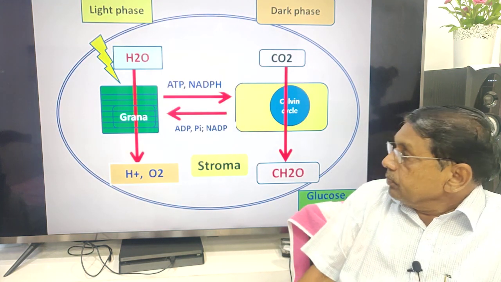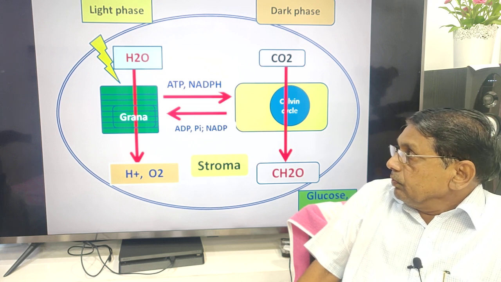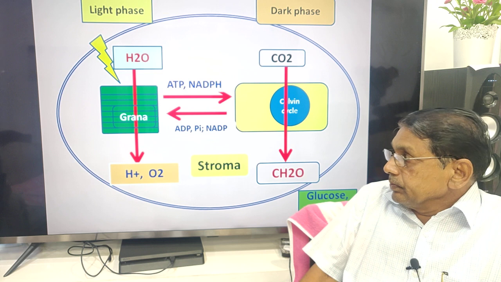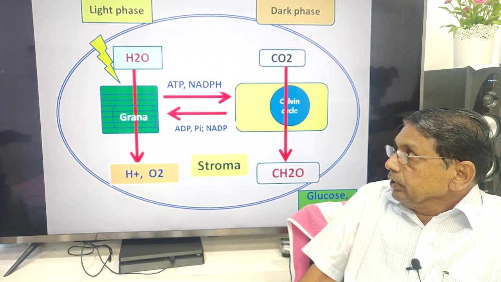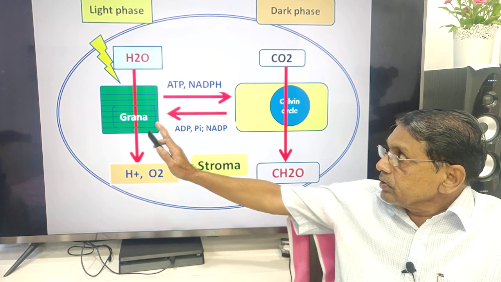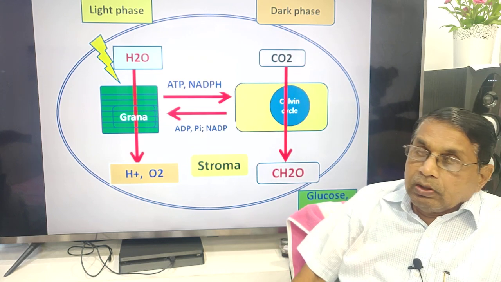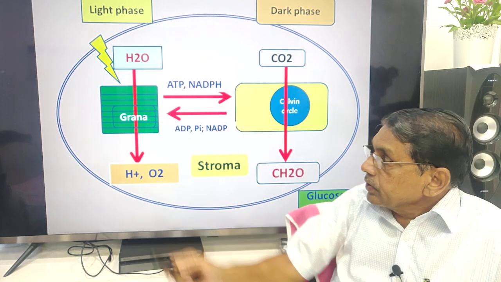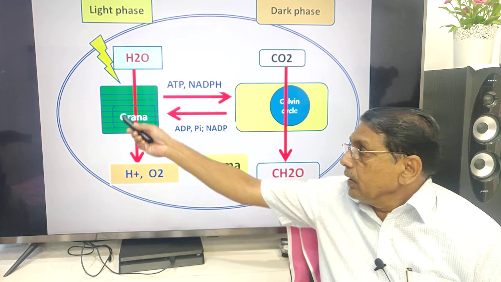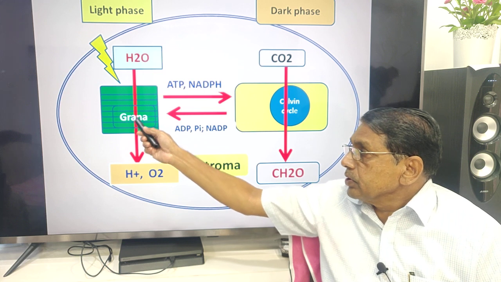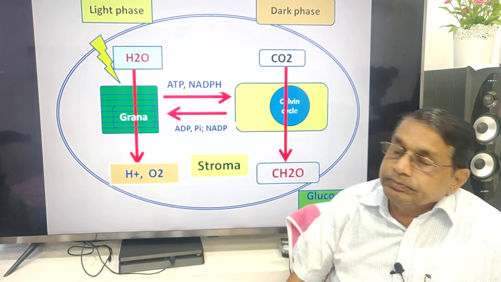Now, this diagram is very useful for overall understanding of photosynthesis. The reactions take place in two phases, light phase reactions and dark phase reactions. If you take the light phase reactions: green leaves, mesophyll cells, chloroplast, inside the chloroplast, grana.